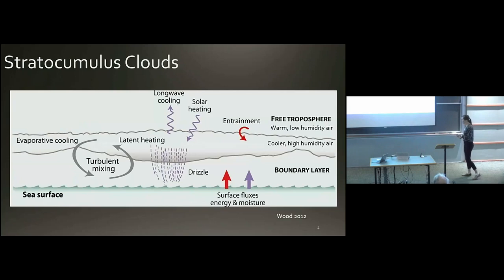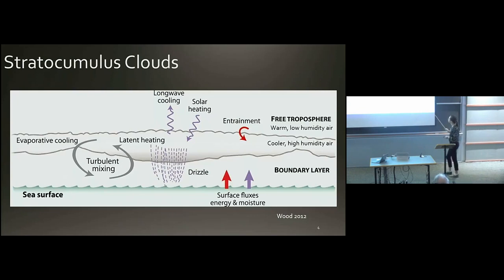I know we've heard a lot about stratocumulus clouds, so let me briefly remind you of all these important processes that we need to consider. Typically, we have an ocean surface underneath, and we are getting fluxes of energy and moisture from that surface into the atmospheric boundary layer. These clouds are occurring at the top of that layer. They're topped by free tropospheric air, which tends to be warmer and less moist than the cloudy air.